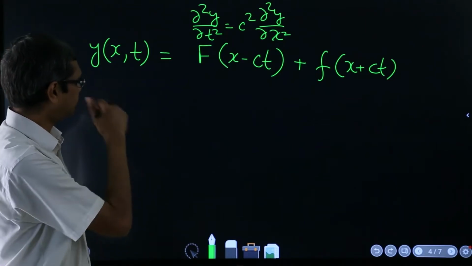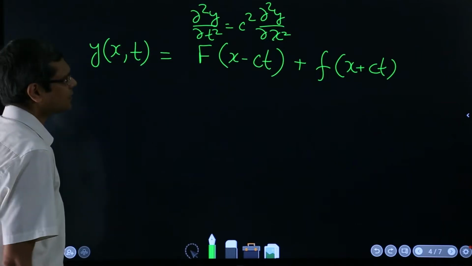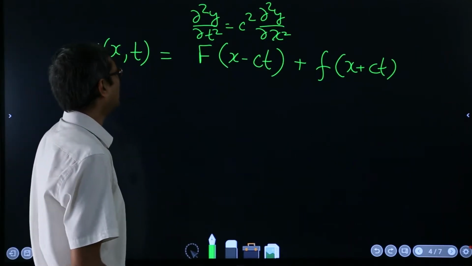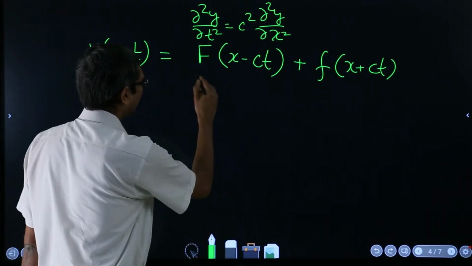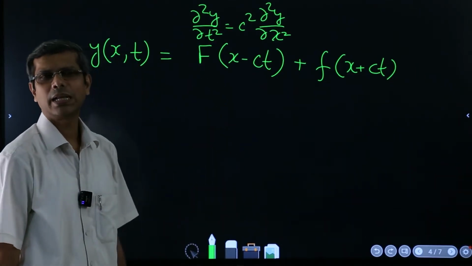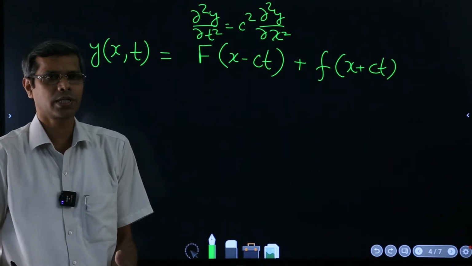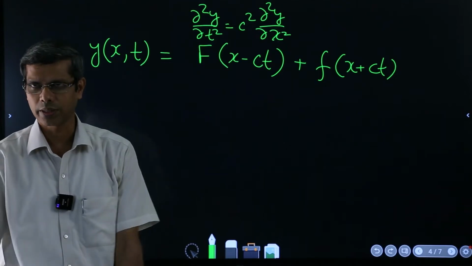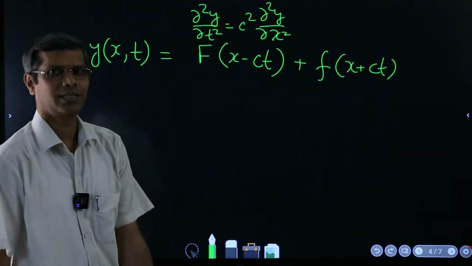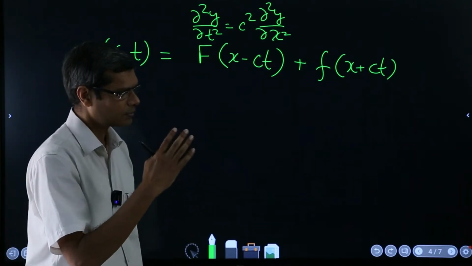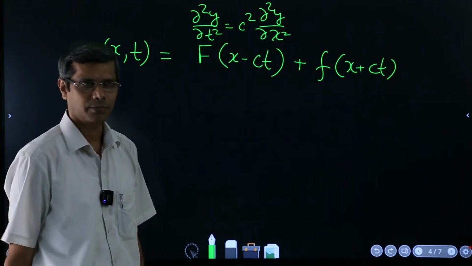So that's what we have come up to. But then the question comes, yes, it is true that any form will do, but in a practical situation it must be depending on something, right? So the first thing which should come to our mind is it depends on how we start the system.